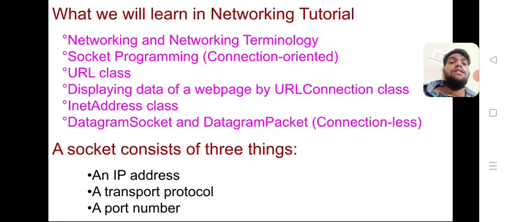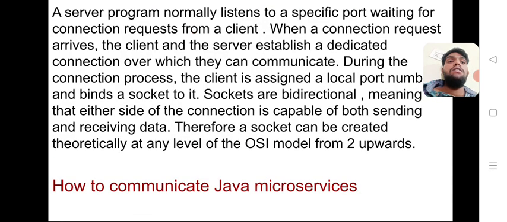A socket consists of three things: an IP address, a transport protocol, and a port number. A server program normally listens to a specific port, waiting for a connection request from a client. When a connection request arrives, the client and the server establish a dedicated connection over which they can communicate.